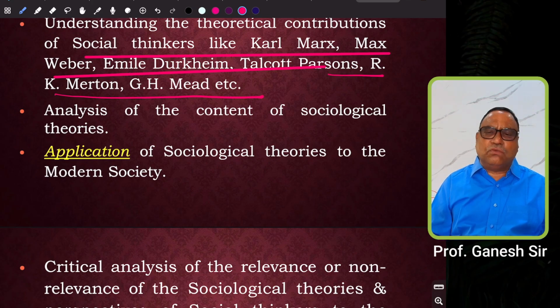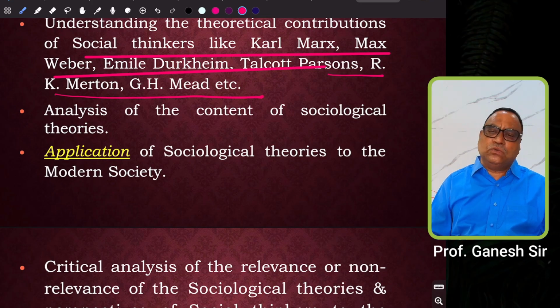With regard to family, there are functionalist theories as discussed by G.P. Murdock, Malinowski and Talcott Parsons, then conflict theory discussed by Karl Marx and Engels, then feminist theories discussed by Anne Oakley and Shulamith Firestone.